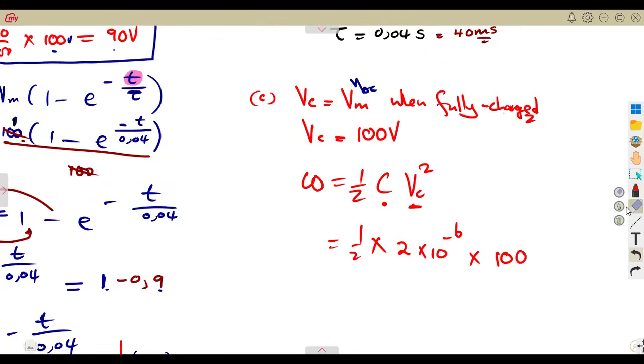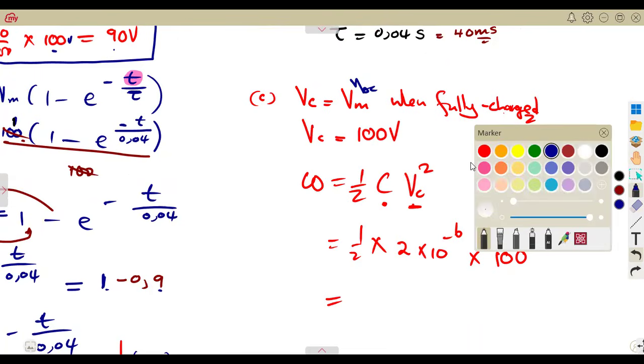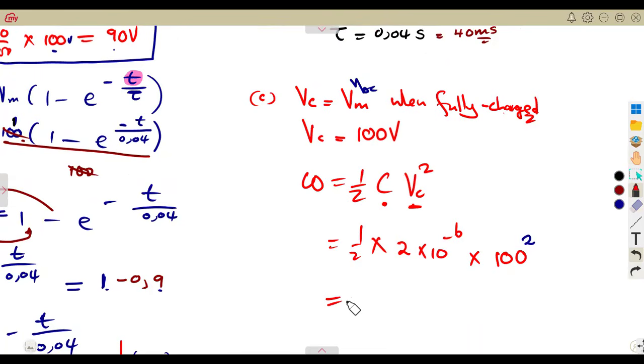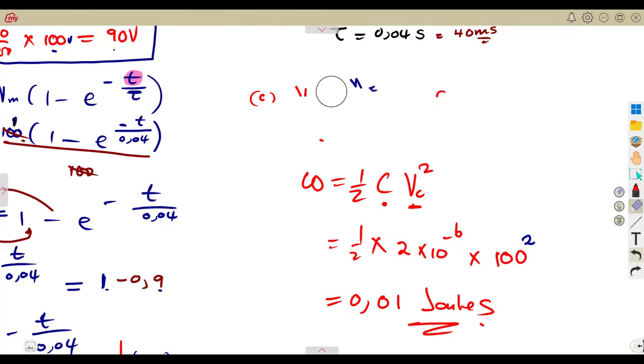With this, you are going to obtain the energy stored in the capacitor. So you're going to square this, and that is going to give us something like 0.01 joules. Remember, you're talking of the energy, so that is going to be in joules, just like that. Please be very, very careful.